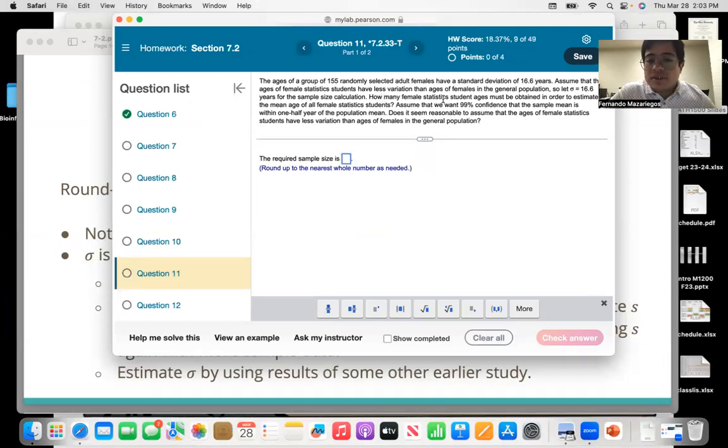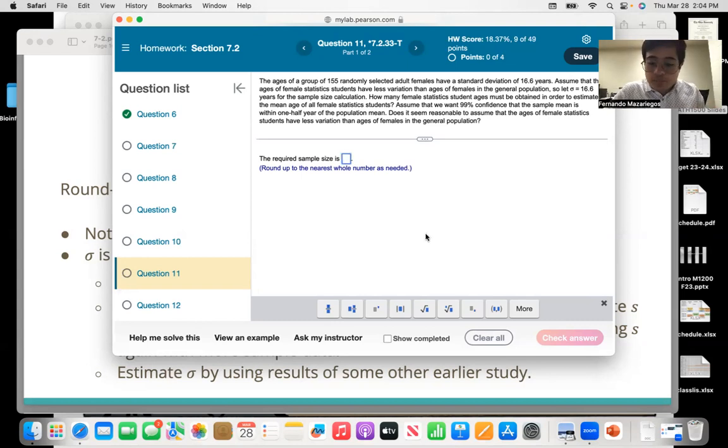How many female statistics students' ages must be obtained in order to estimate the mean age of all female statistics students? Assume that we want 99% confidence that the sample mean is within 1/2 year of the population mean. Does it seem reasonable to assume that the ages of female statistics students have less variation than ages of females in the general population? So how do we find the sample size?